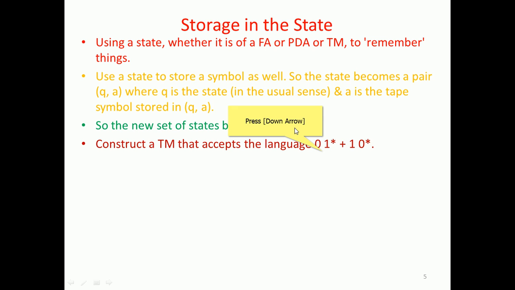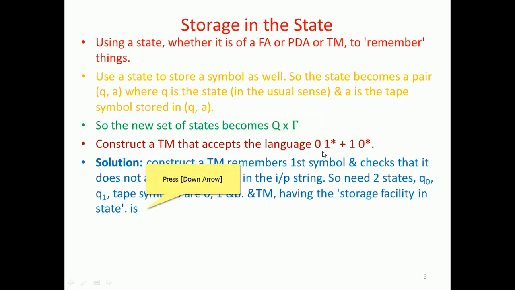Construct a Turing machine that accepts the language 01* + 10*. As an exercise, we construct a Turing machine for 01* + 10*. Solution: to construct the Turing machine, it reads the first symbol and checks that it does not appear afterwards in the input string.